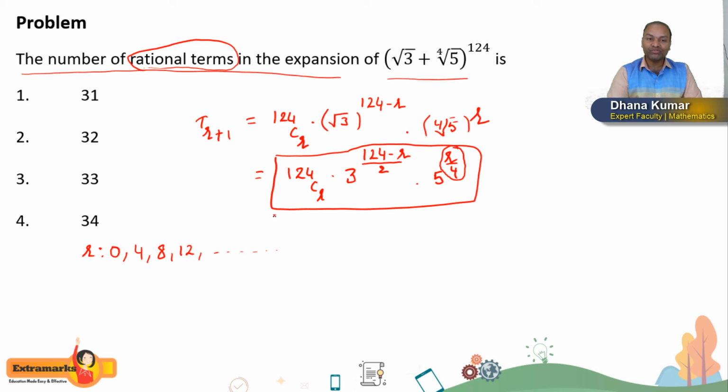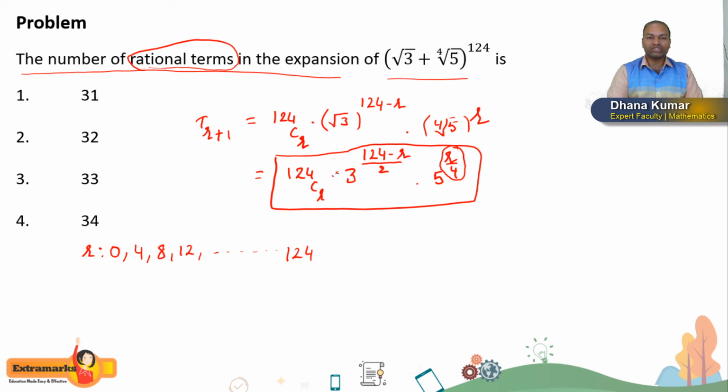Right, a multiple of 4. Okay, so for all these values, r by 4 is an integer. If r by 4 is an integer, then 5 power r by 4 is obviously an integer only. So integer means rational only.